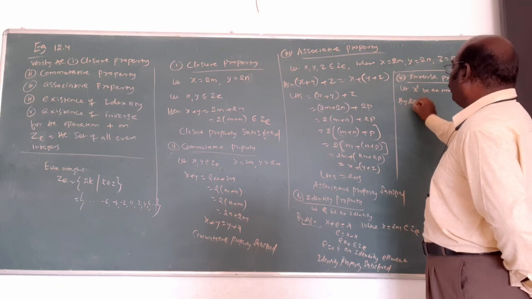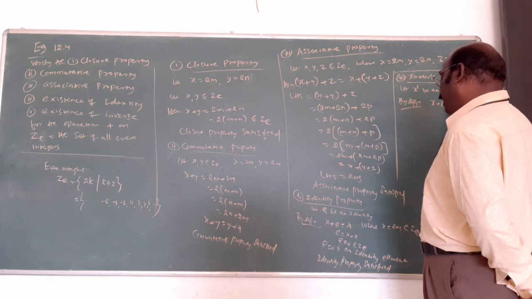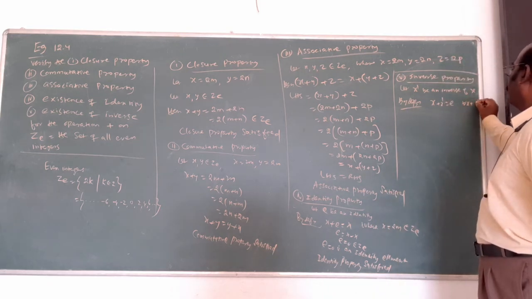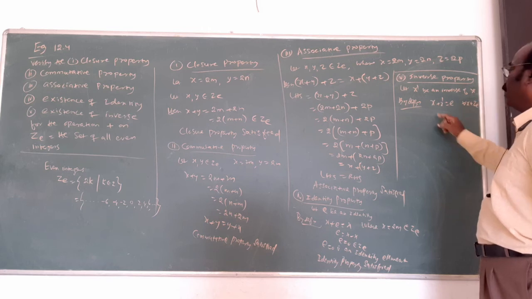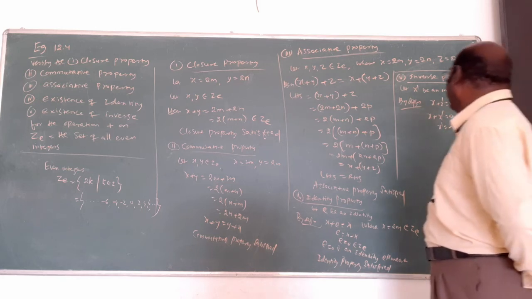What is the reason? x plus x dash equals e, for all x belonging to Z. x plus x dash equals 0, e already found, so x dash equals minus x.